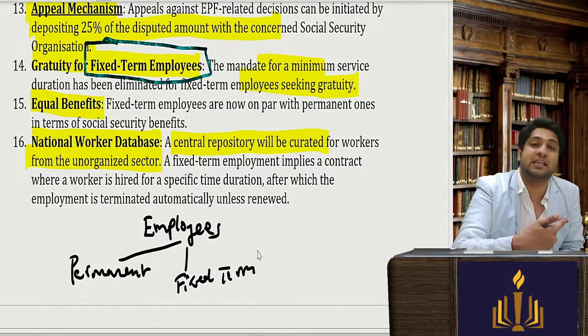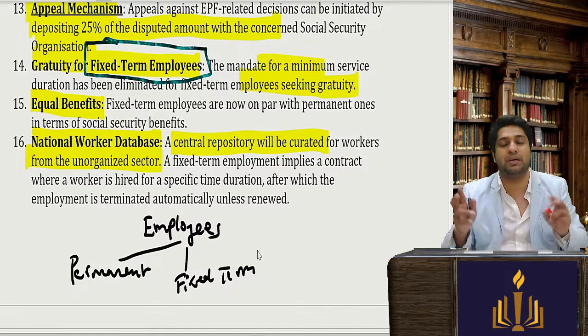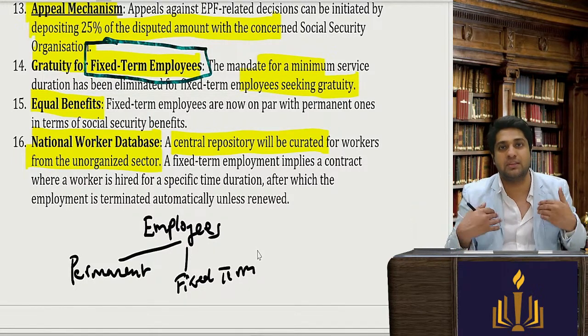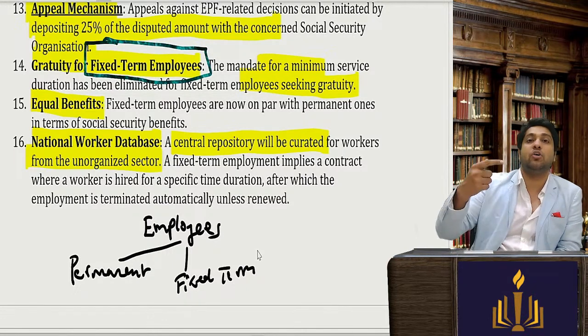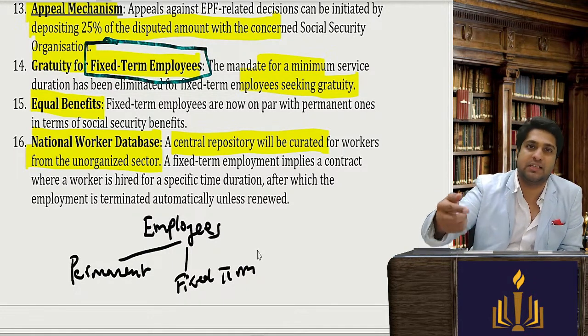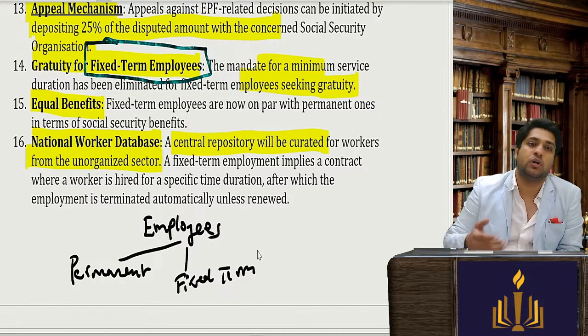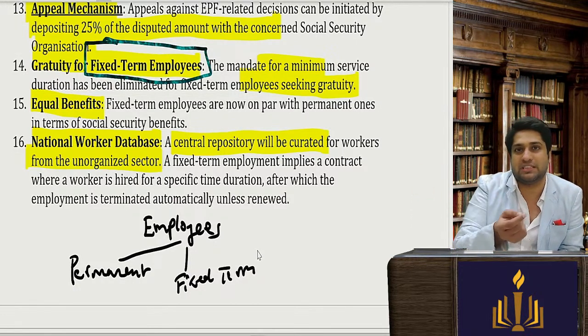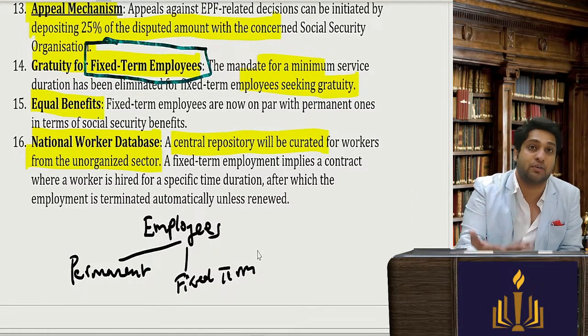Now even the seasonal people should get gratuity benefits, and the minimum time to work with the company is not required. See, in order to get gratuity, it was said that you require 5 years of continued service. So a fixed term employee who was brought in for a seasonal period and then removed never had a continuous period, so they would never get gratuity.